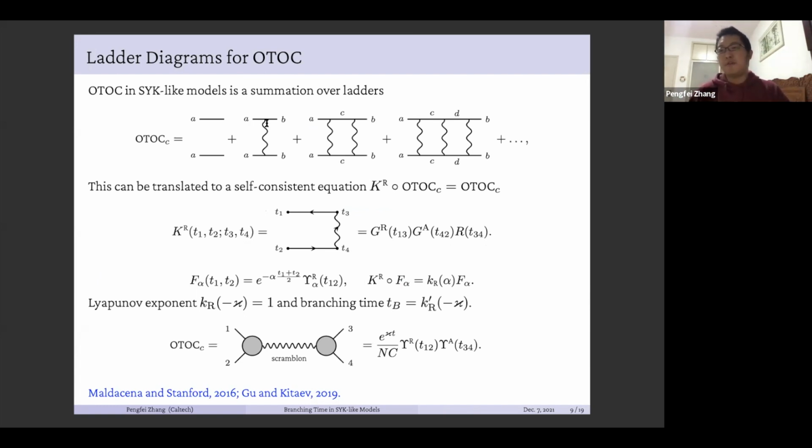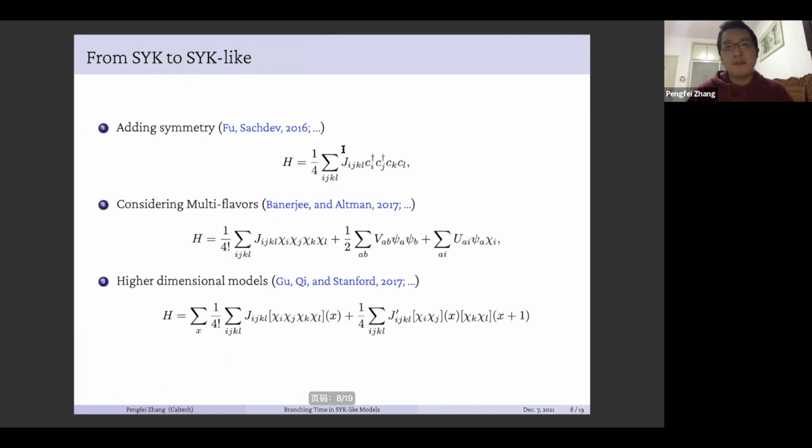However, in more general cases, we can assume there is some general rung function with no simple relation to the fermion Green's function. Another difference for the SYK-like models compared to the original SYK model is that there is an additional flavor index, a. For example, such a can be the particle or hole in the complex SYK model.